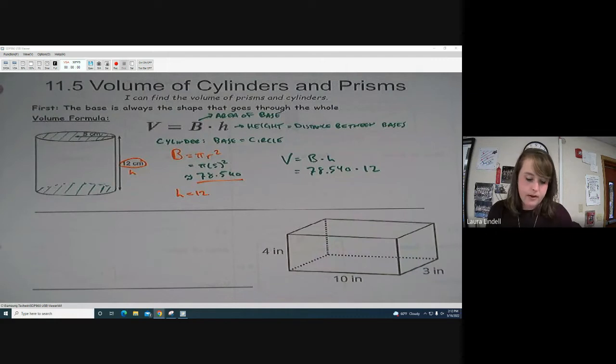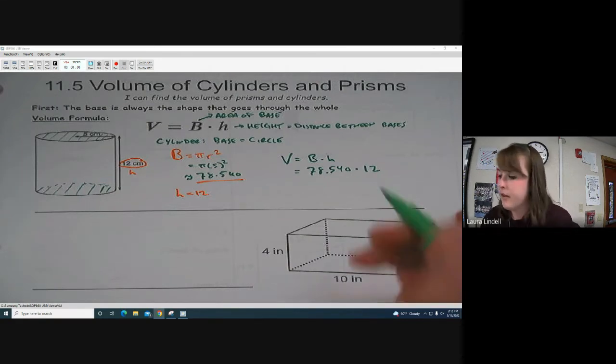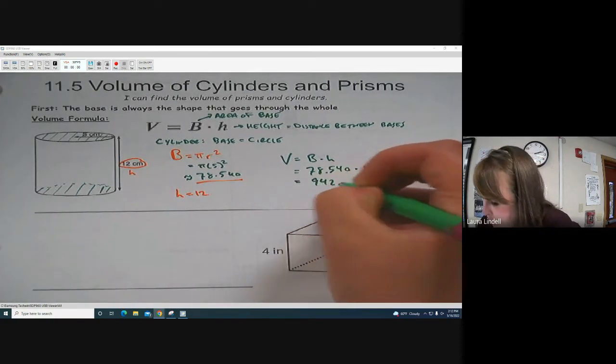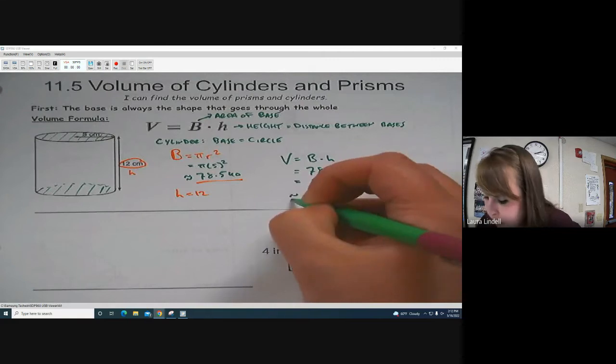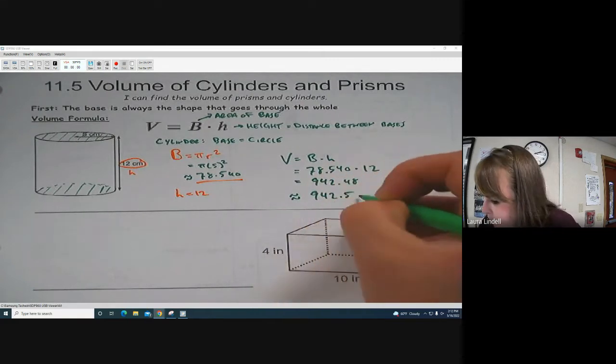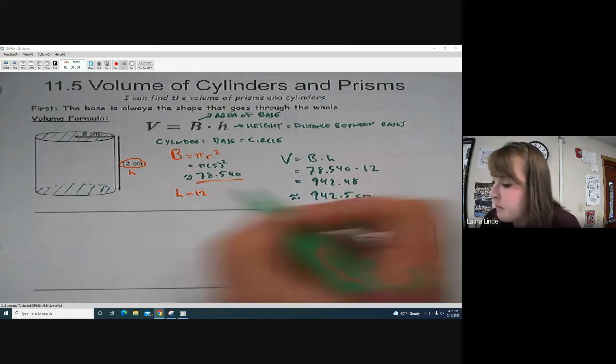And if you want an even more accurate answer, you can always leave the answer that you get when you type 25 pi into your calculator, and then just go times 12. But either way, this works. What we get is 942.48, which at this point I'm okay with rounding to 942.5. And this is going to be centimeters.